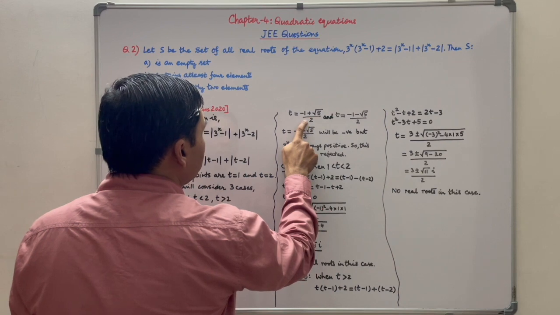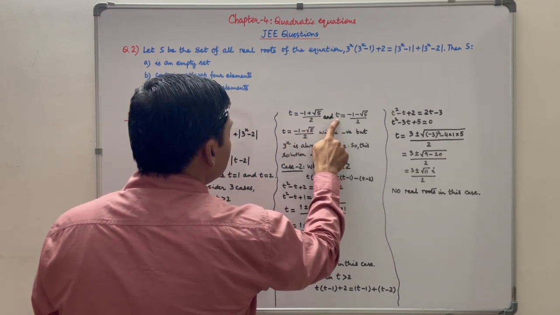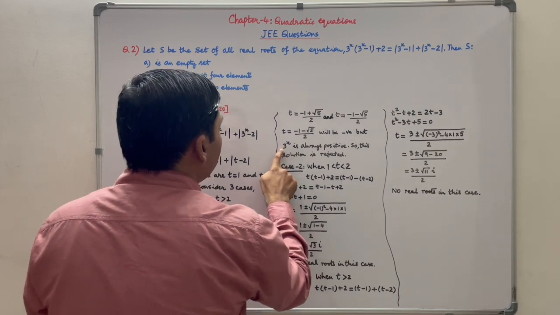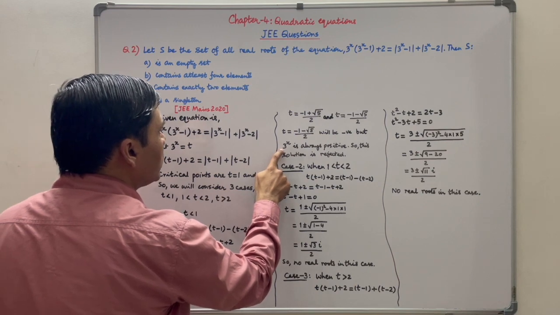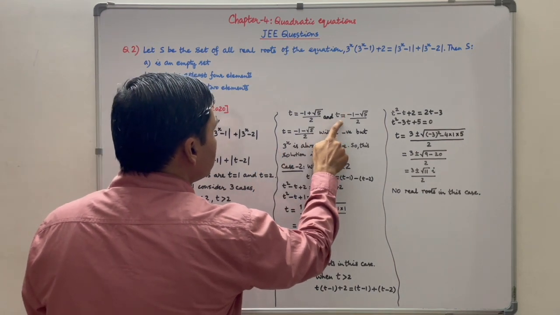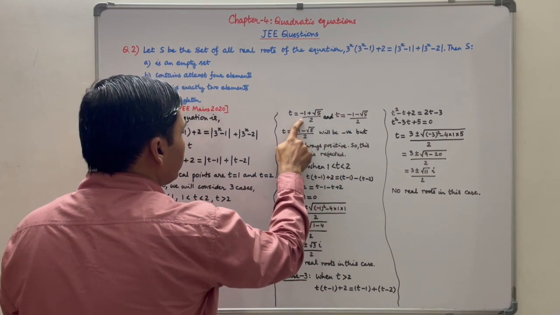This will give a positive value of t and this will give a negative value of t. t is equal to 3^x, and 3^x will always be positive whether x is positive or negative, so its value cannot be negative. So this solution is rejected. We will get only one solution here.